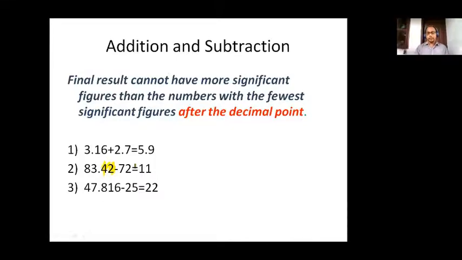Similarly, in the third case, we get 47.816 minus 25 equal to 22.